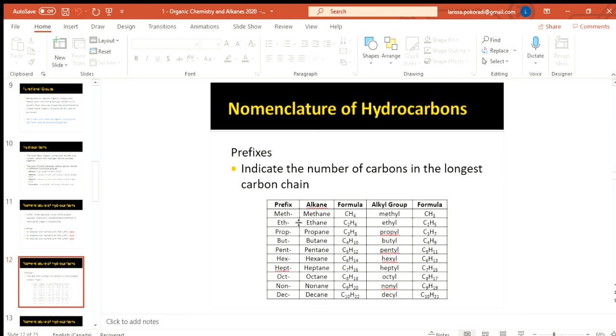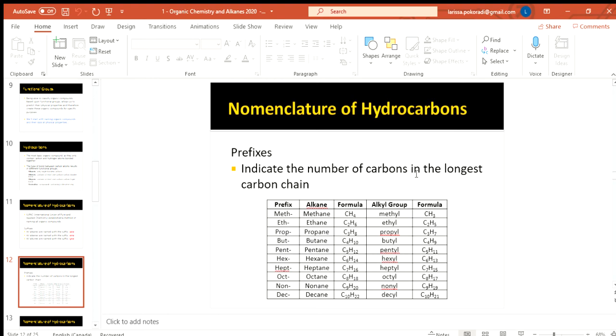So if we have a 1 carbon chain or a 2 carbon chain or a 3 carbon chain that are all singly bonded carbons together, 3 carbons means prop, ane means singly bonded. Cool. We'd have a propane. So we're gluing a prefix and a suffix together. These are only for alkanes, remember. It would be ene if we had a double bond, yne if we had a triple bond.